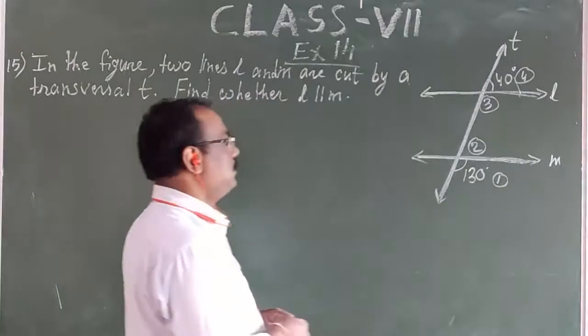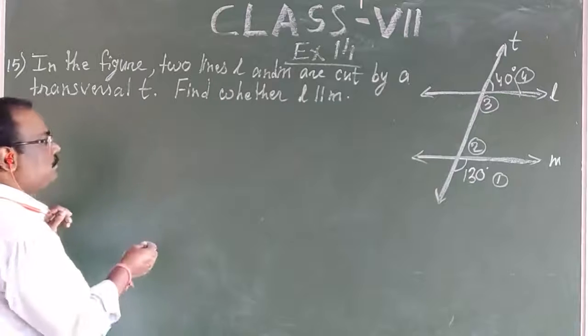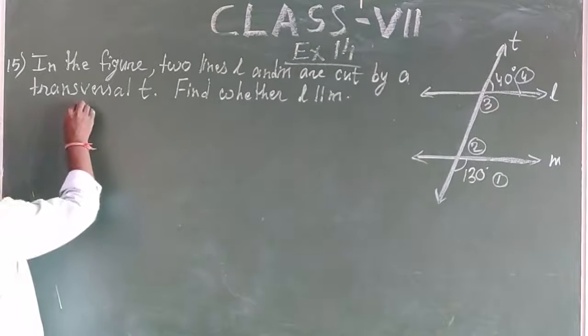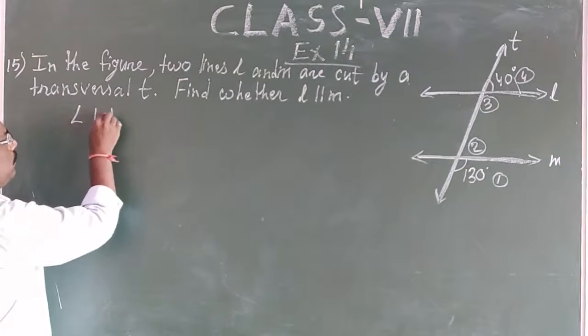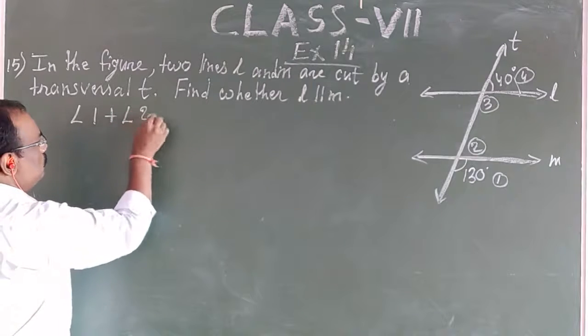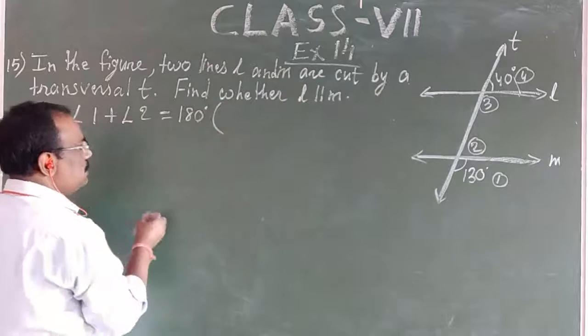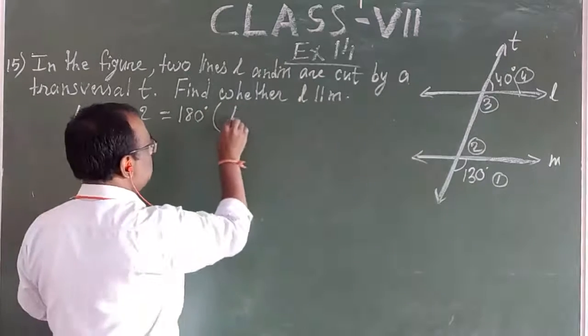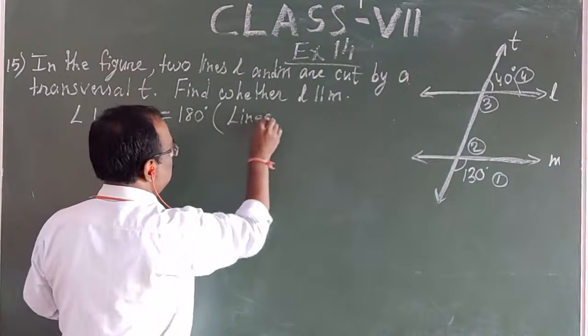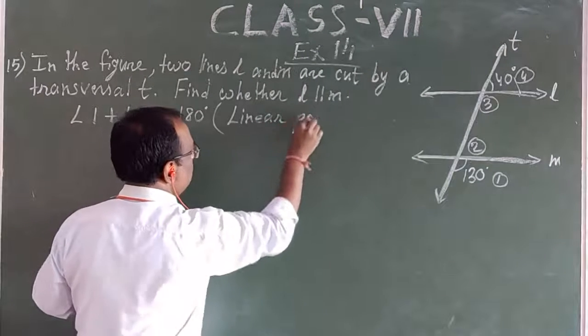So we can write angle 1 plus angle 2 is equal to 180 degree. Reason: linear pair.